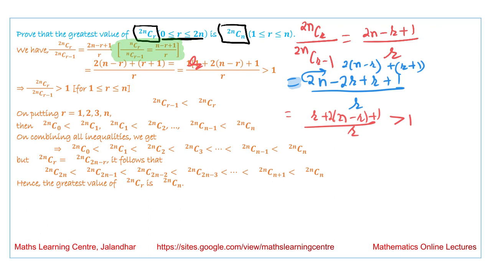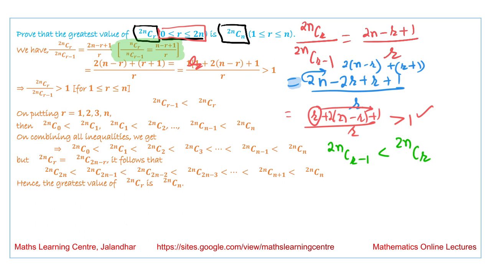This is greater than 1 because it is given that 0 is less than or equal to r is less than or equal to n. We have this term r plus 1 over here, so the numerator will be greater than r. So the ratio of these two terms is greater than 1. We obtain from this that 2nC(r minus 1) is less than 2nCr.